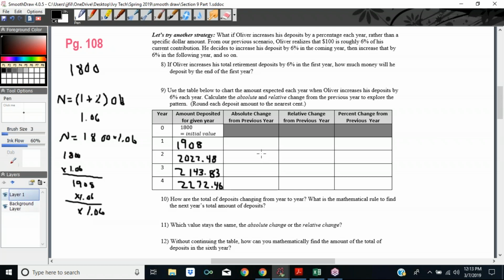All right. So now we can see that the absolute change is different every time. So in the first one, we have 1908 minus 1800, and that is, what is that, $108?